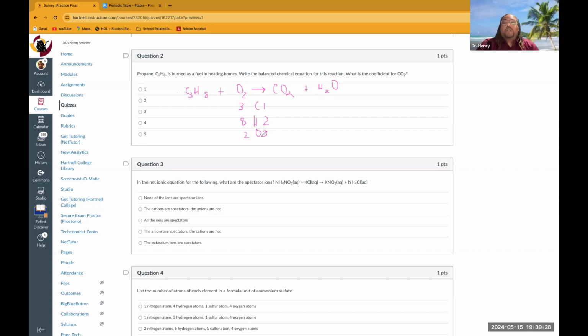Okay, so what do I need to do to balance it? We can put a 3 in front of the CO2. Okay, so put a 3 in front of the CO2. So then that gives me 3 carbons. And 7 oxygen, because we have 3 times 2, which would be 6, plus the 1 that's over here, right? Okay, what about the hydrogens? We can put a 4 in front of the H2O.